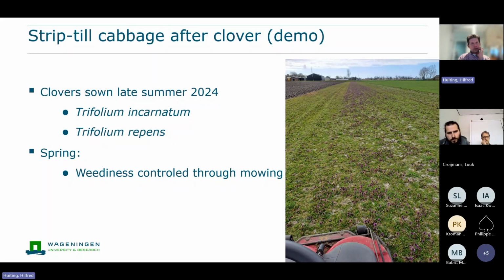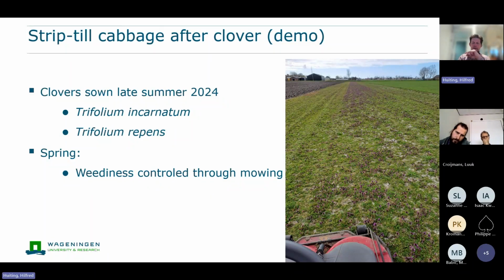2 types of clover, as you can see on the screen, and that was not a completely statistically justified approach because we had 2 strips, so we couldn't really replicate well. But we tried to make the best out of it, but it was more a demo than a trial in that perspective. So the clover was sown the autumn before.